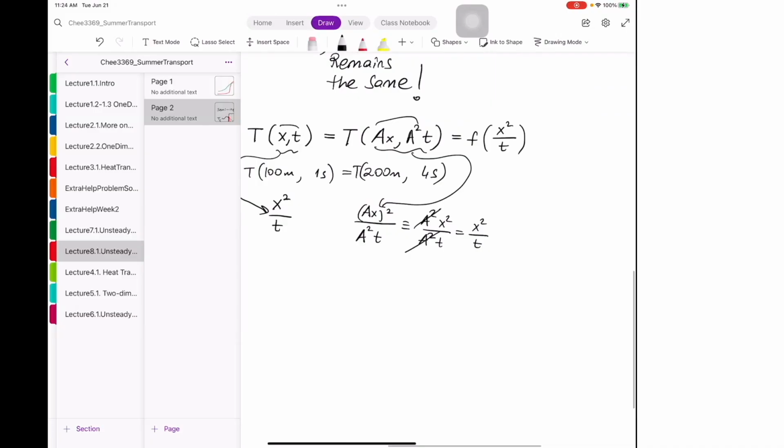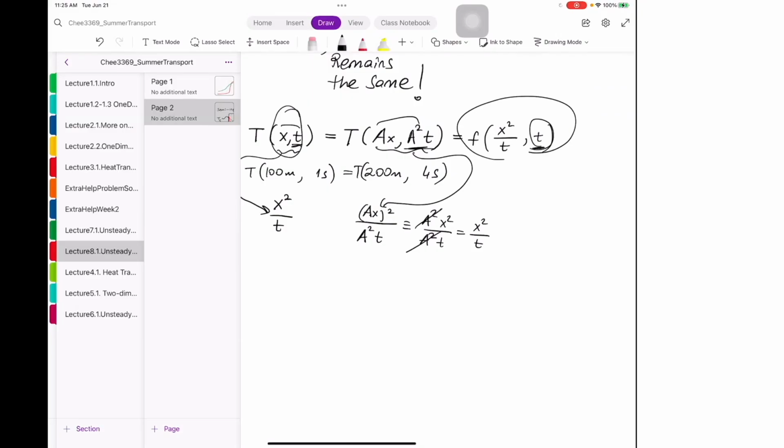You can say the following. Okay, maybe I can combine all the x dependency in x squared over t, and then maybe it's a function of t as well. But as you can see here, when you change the t from t to a squared t, this would change if it were a function of time, but it's still not changing.